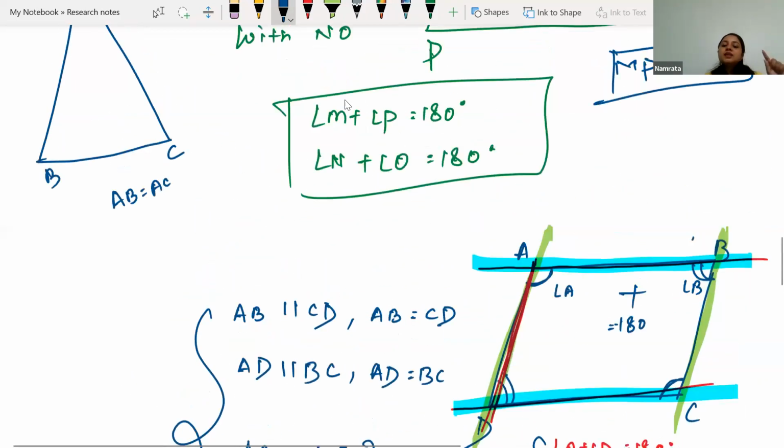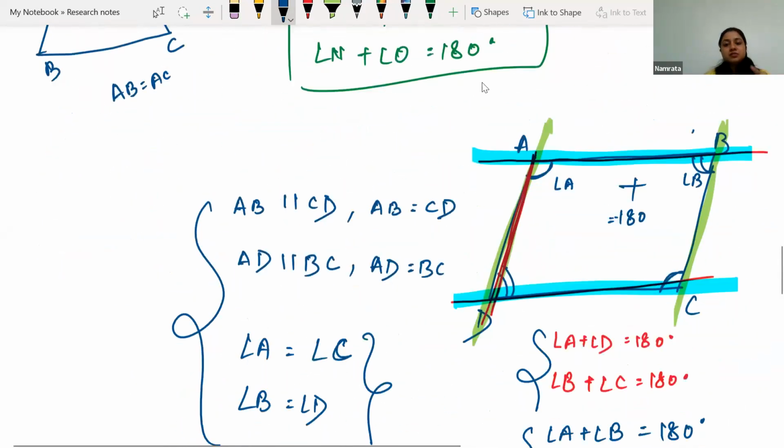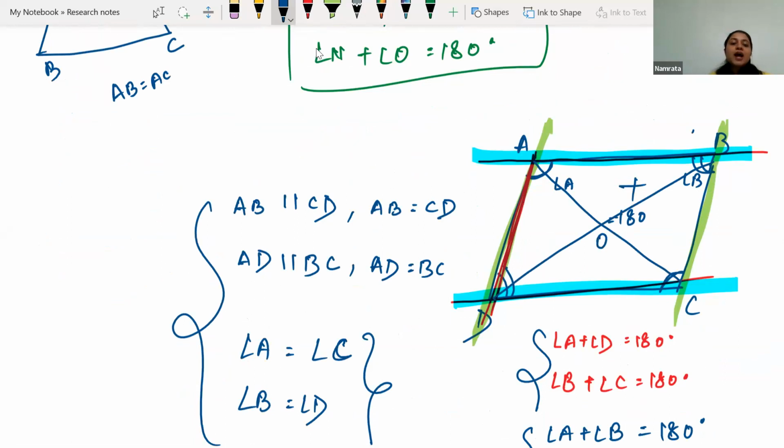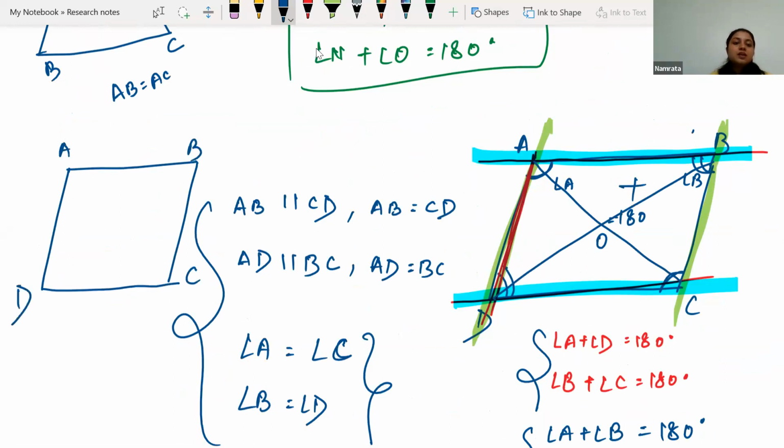Now, one thing I have not said over here, that is, in a parallelogram, the diagonals bisect each other. The diagonals will bisect each other. If you have a parallelogram like this, ABCD, here the diagonals will bisect each other.